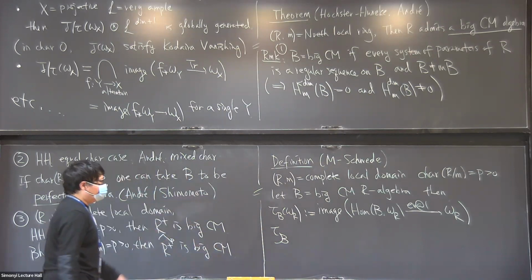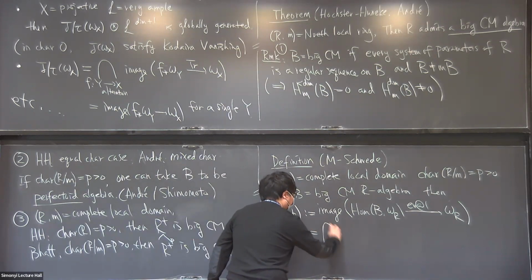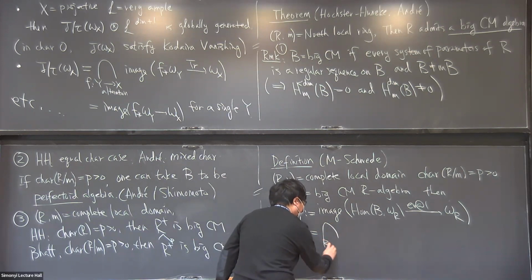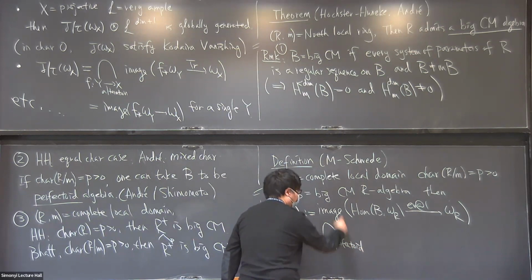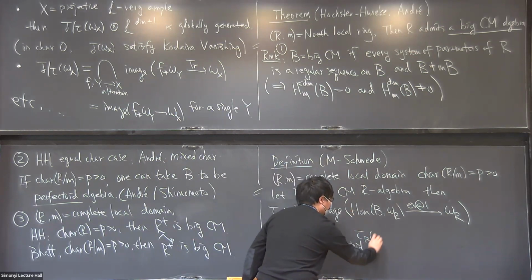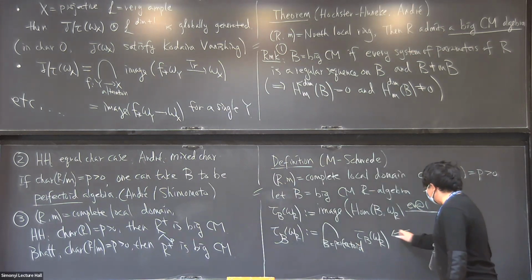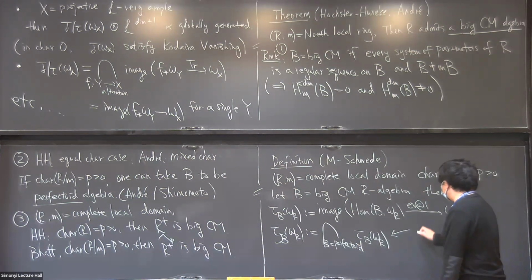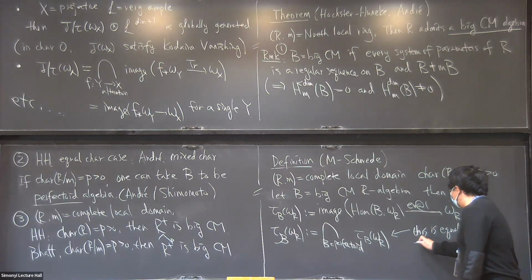This is curly B. We define it to be the intersection over all perfectoid big Cohen-Macaulay algebras B of this tau. And we show this intersection stabilizes, so this is equal to tau_B of omega_R.